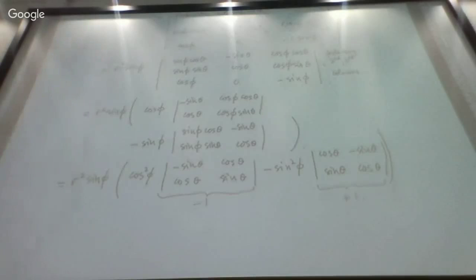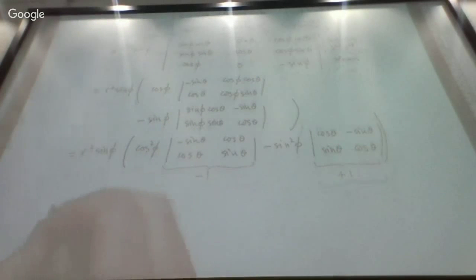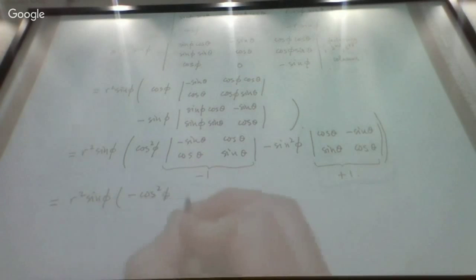So in total then, we've got r squared sine phi times minus cosine squared phi minus sine squared phi, which is minus 1 in this bracket. Okay? So the Jacobian seems to come out as minus r squared sine phi.